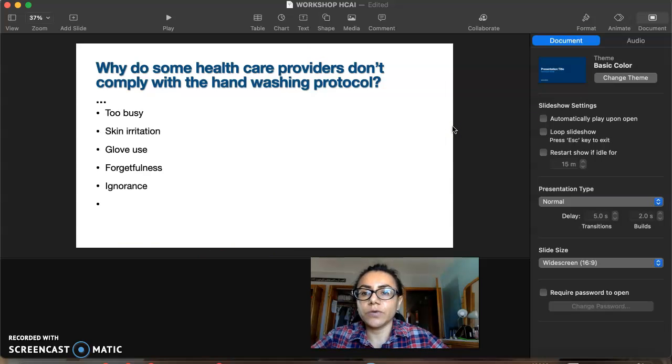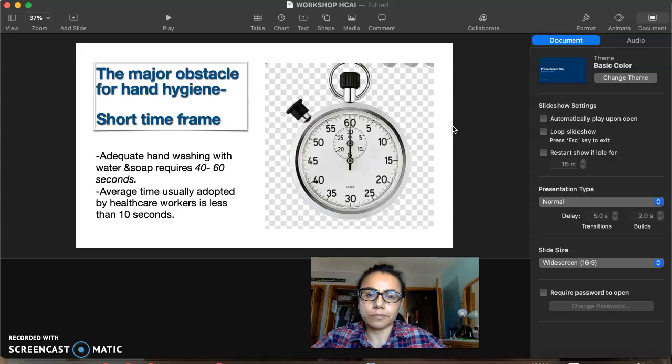Okay, let's continue. Why do some healthcare providers not comply with the hand washing protocol? Well, there could be many reasons, but some of the reasons that I have heard is that they're too busy, skin irritation after many hand washings, glove use, forgetfulness, or lack of information.